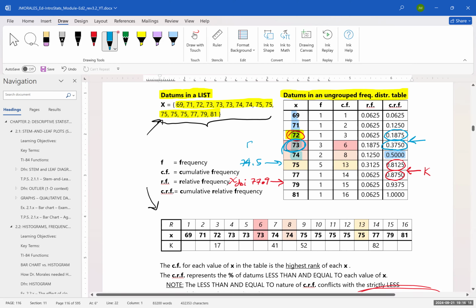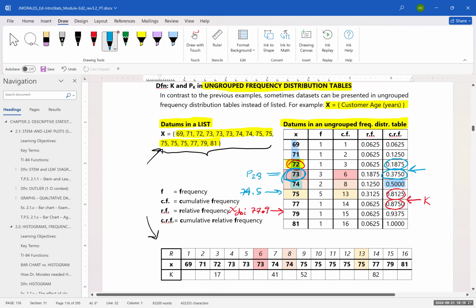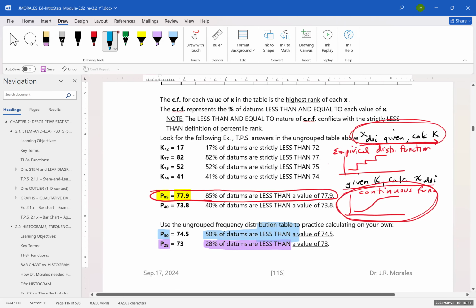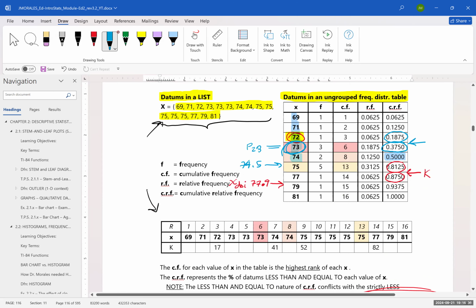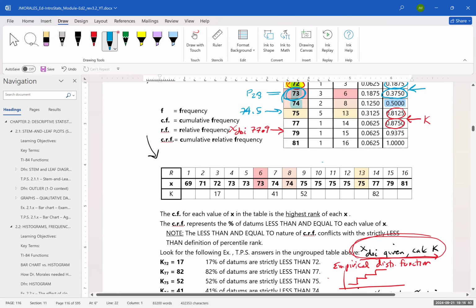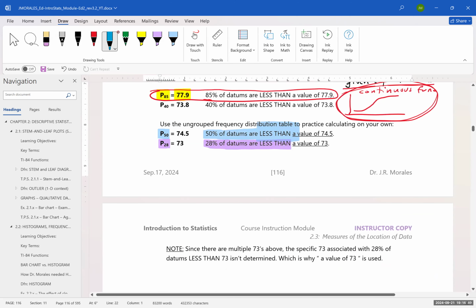So our 28th percentile would actually be 73. So you can get some information rather quickly from these ungrouped frequency distribution tables, but you really have to know what you're looking for. Otherwise, you can calculate using the same functions that we used earlier. You can get that same information from the table as well.